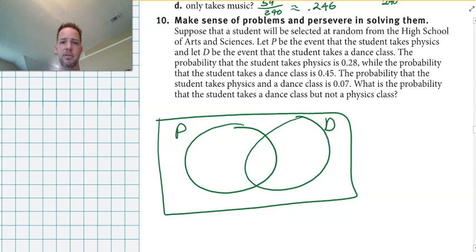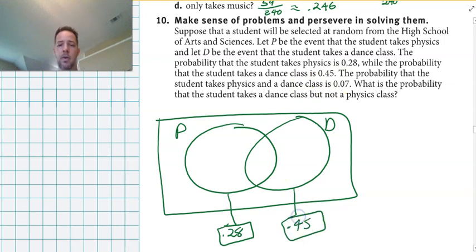Okay, the probability that the student takes physics is 0.28. And that's for the whole circle, so I'm not going to be just one of those. While the probability the student takes a dance class is 0.45. The probability that a student takes physics and dance is 0.07. And that's the region where they overlap.